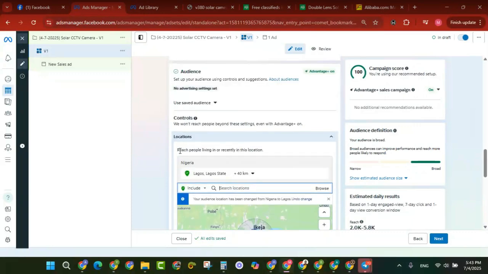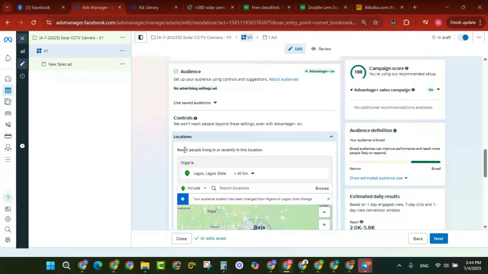You can see here, people living in or recently in this location. Before, you could choose people who are living there, or if you like, people who are recently in the location. You could choose what you like. But since maybe 2 years ago, Facebook removed that option. They don't allow us to choose people who are living in a particular location again. That's why when we target Lagos now, people who just came to Lagos recently are also going to be seeing the ad, and the ad might not be relevant to them.